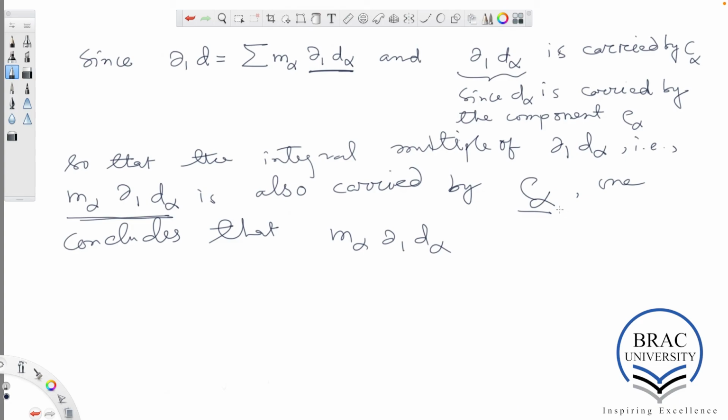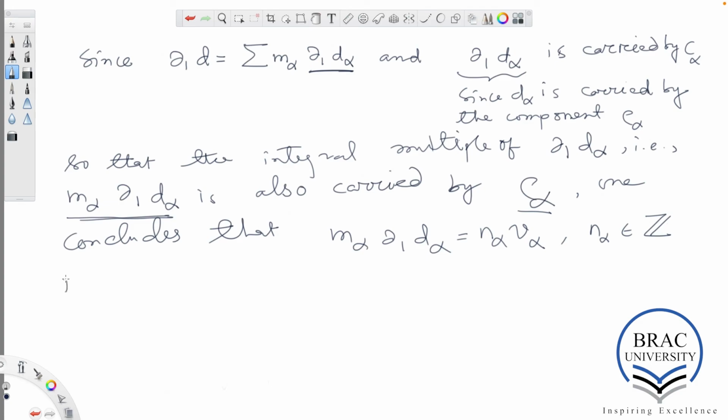And so therefore this can be written down as n alpha v alpha for some alpha, where n alpha belongs to the set of integers.